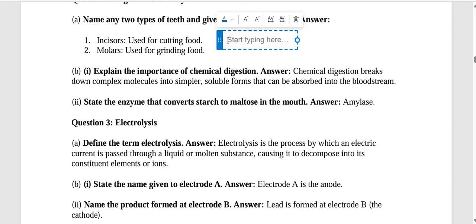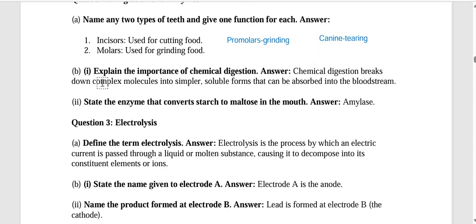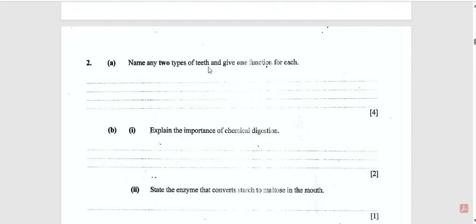Premolars, responsible for grinding the food. Canine teeth, responsible for tearing food. So these are the words associated with that. Then let's move to the next.